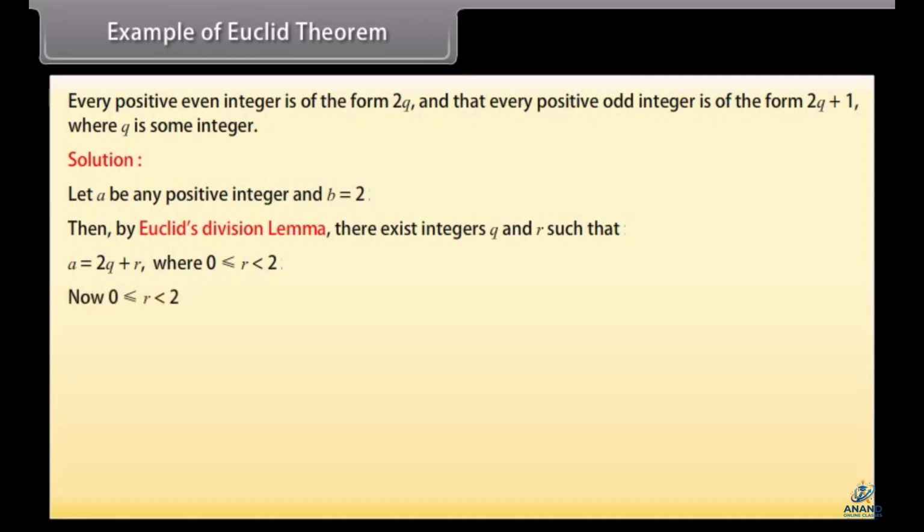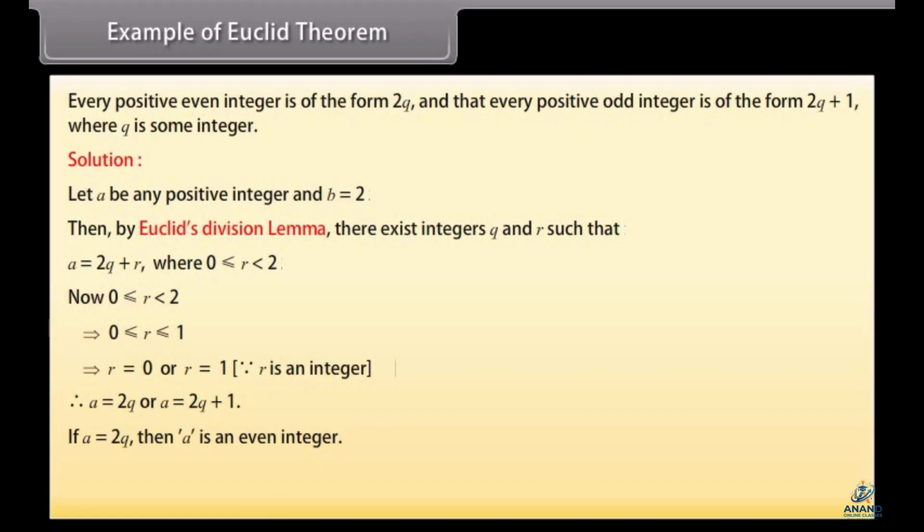Now, 0 is smaller than or equal to r is smaller than 2, which implies 0 is smaller than or equal to r is smaller than or equal to 1, which implies r is equal to 0 or r is equal to 1 because r is an integer. Therefore, a is equal to 2q or a is equal to 2q plus 1.